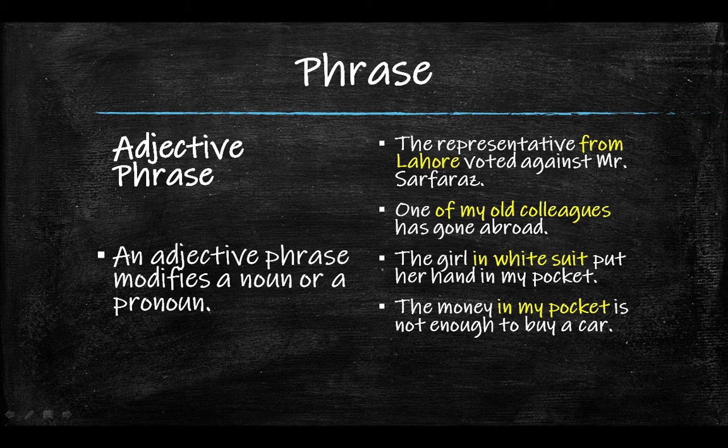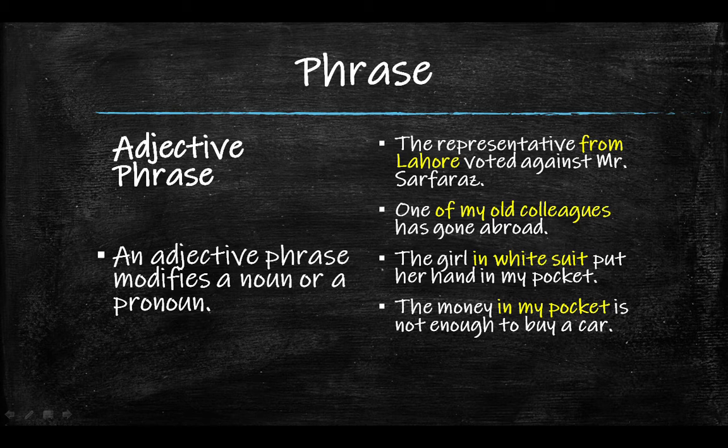In the last sentence, the second example, the money in my pocket is not enough to buy a car. Number 1, it's not indicating the place of action. Actually, to buy is an infinitive. It's not the verb of the sentence. Your sentence is SVC. Money is the subject, is is the linking verb, and the rest is the subjective complement.